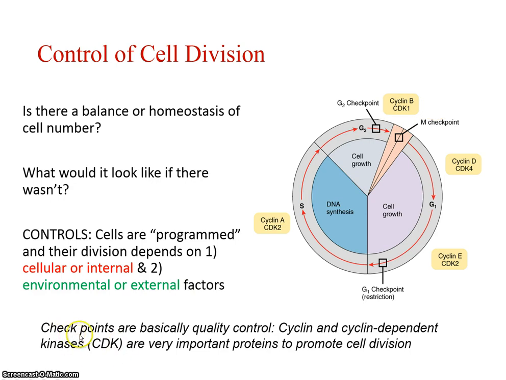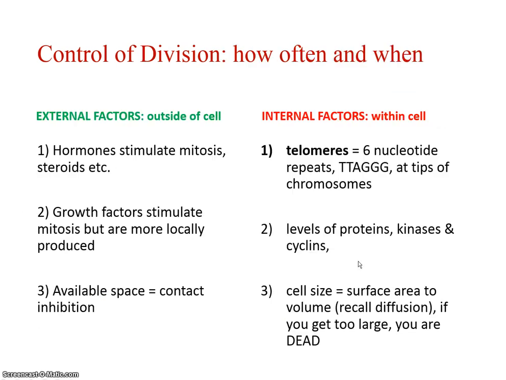I say here again, and anything in italics I'm not going to ask you about, but checkpoints are basically quality control. Cyclin and cyclin-dependent kinases, that's what CDK stands for, are important proteins to help promote cell division. If they are not around, then the cell stops and won't divide.